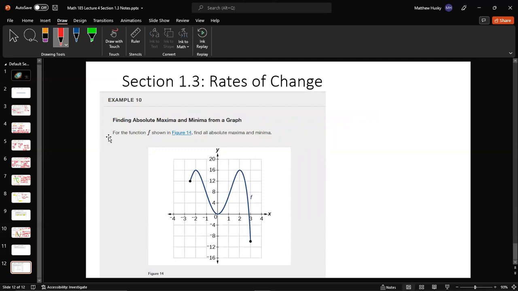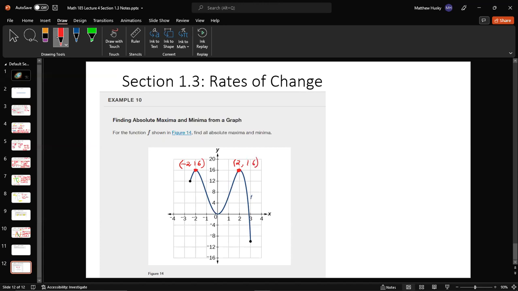So here we go. Here is a high point, and here's another high point that's just as high as the other one. So this one is -2, 16. This one is +2, 16.